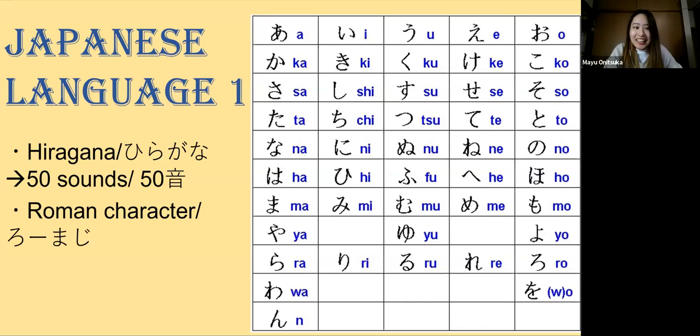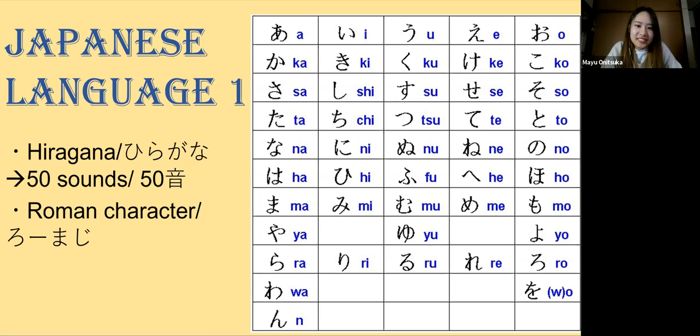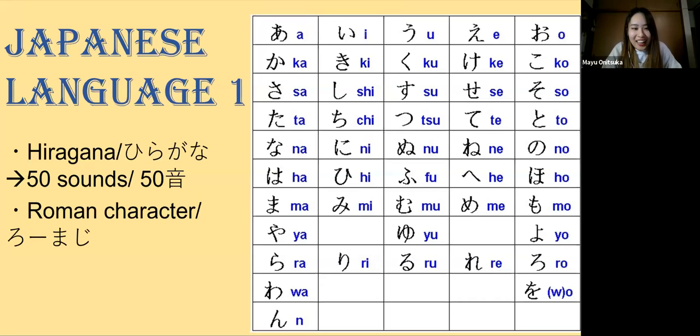When you use K-A, you can say ka. K-I, ki. K-U, ku. K-E, ke. K-O, ko.